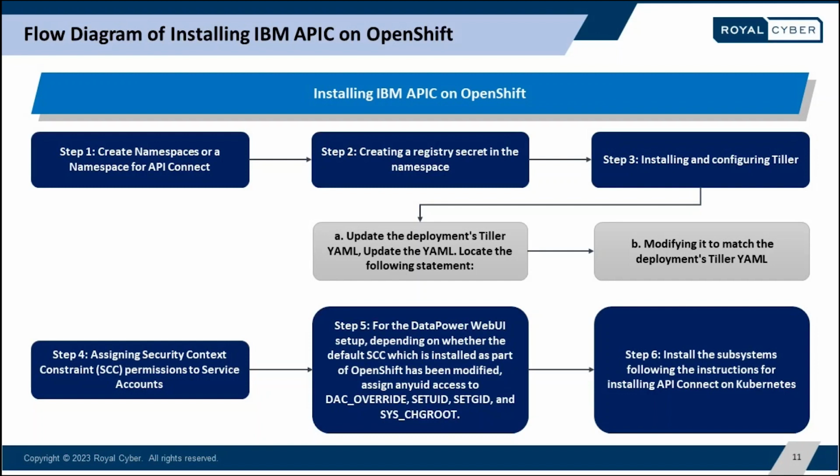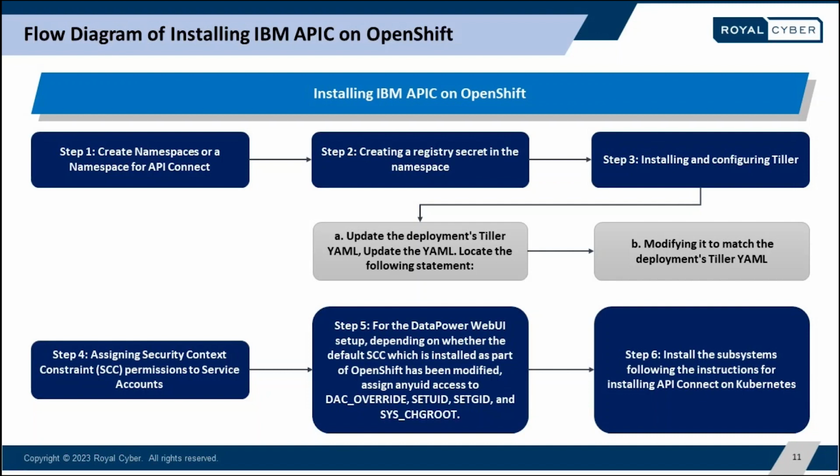Next is the flow diagram of installing IBM APIC. Until now, we have covered what features are available in API Connect, what the components in API Connect are, what OpenShift is, what the benefits of OpenShift are, and what API Connect itself is.